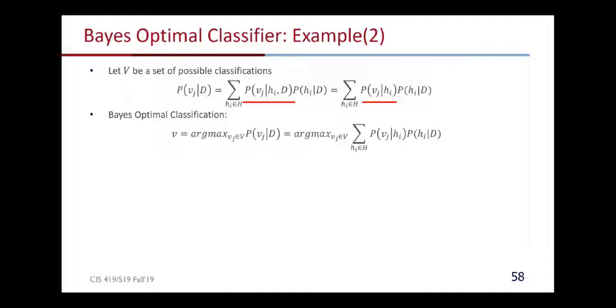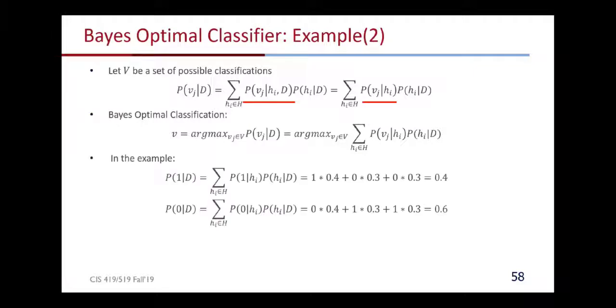I'm basically weighing my decisions, kind of keeping everything until the last minute, and taking into account all the hypotheses and their predictions. In the case of the hypothesis that I showed before, the probability of me predicting 1, rather than it being what the most likely hypothesis says, is weighing all these hypotheses.